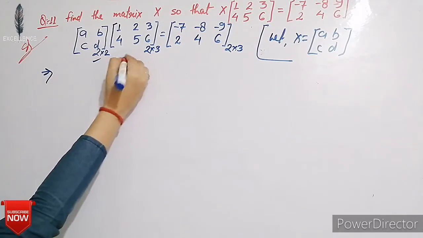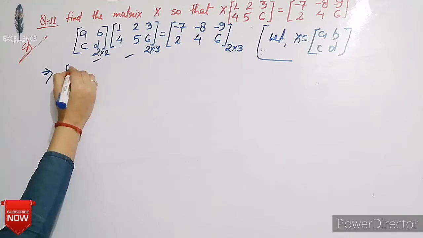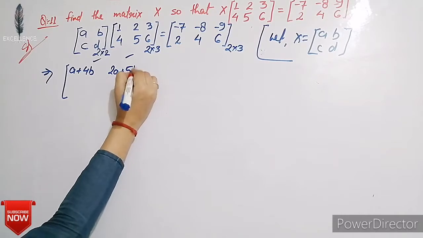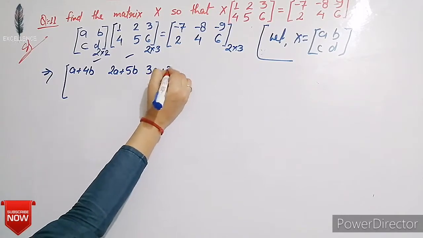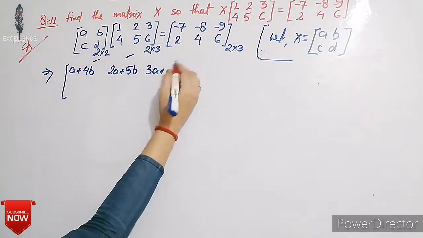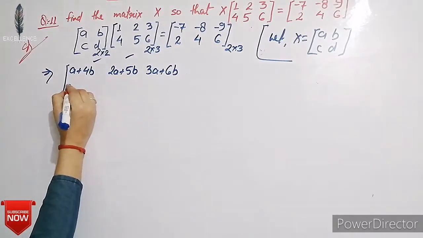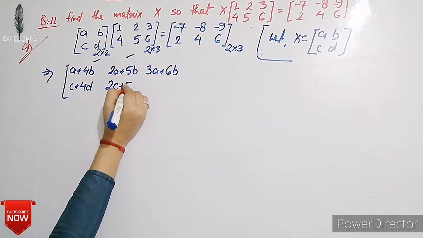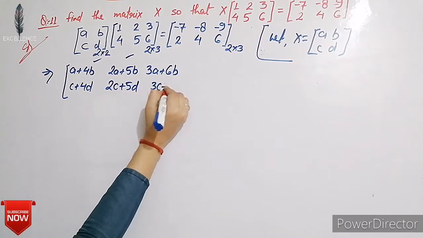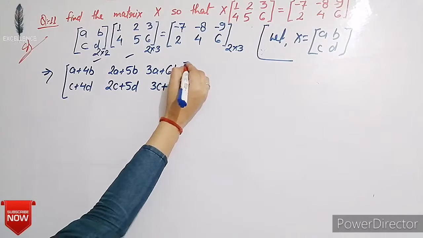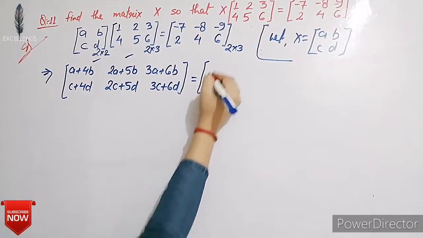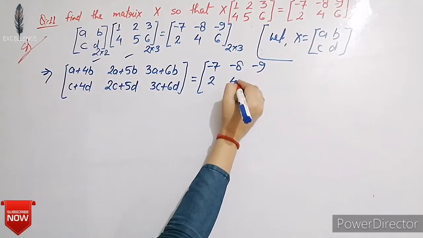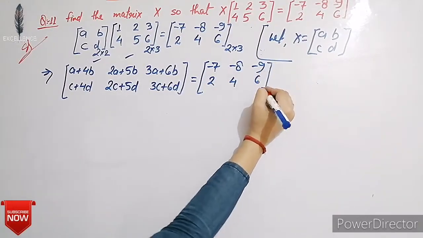Now multiplying it, we get A plus 4B, 2A plus 5B, and first row by third column, 3A plus 6B. Now second row by first column is C plus 4D, second by second is 2C plus 5D, second by third is 3C plus 6D, equal to minus 7, minus 8, minus 9, 2, 4, 6.